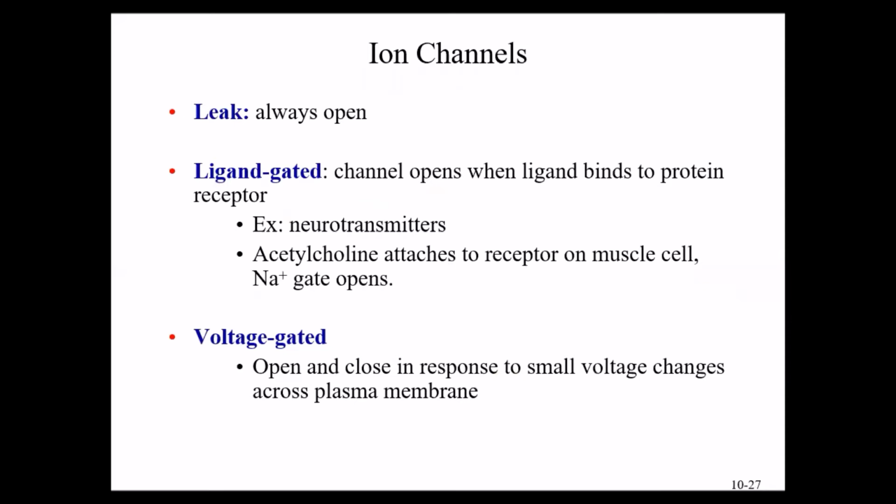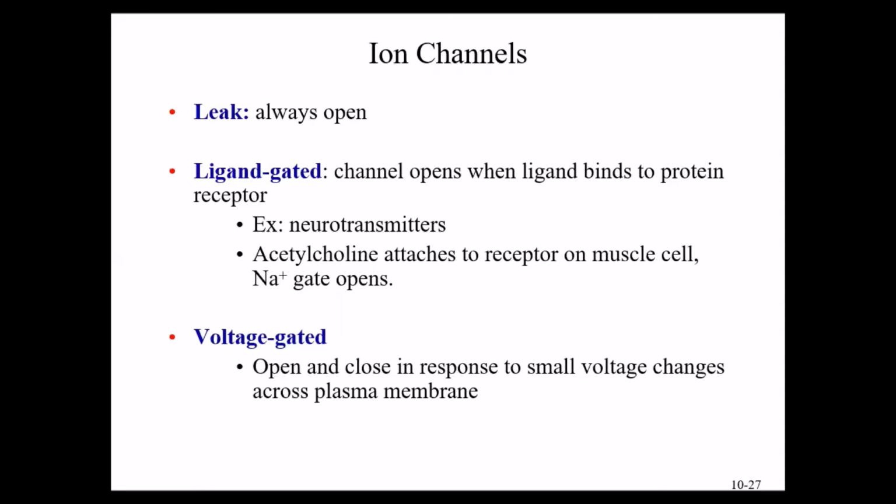Now, the ion channels that I mentioned earlier allow ions to move back and forth across the membrane. These are openings in the cell membrane, usually proteins that form a tunnel through the membrane. There are different types of ion channels. For example, you have leak channels. These are channels that are usually always open.